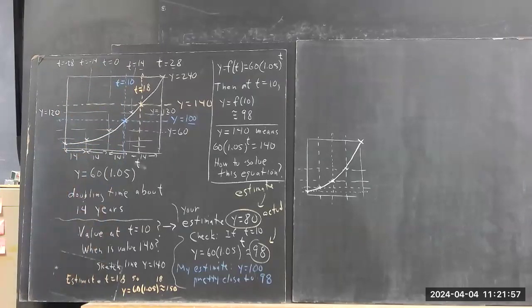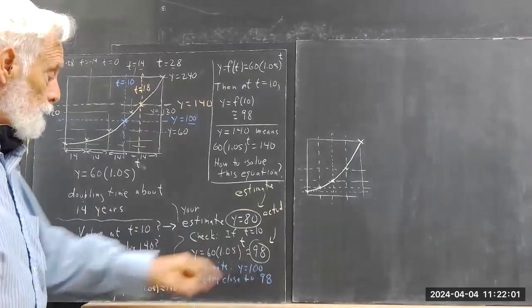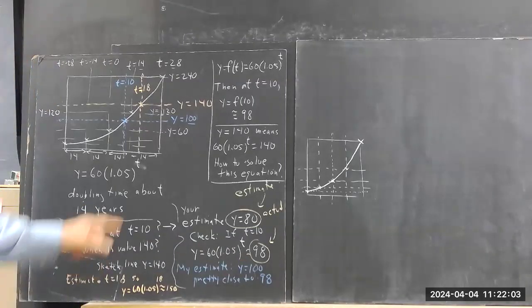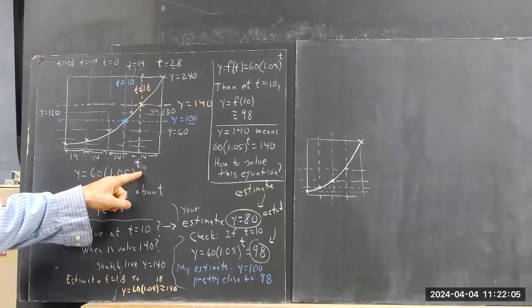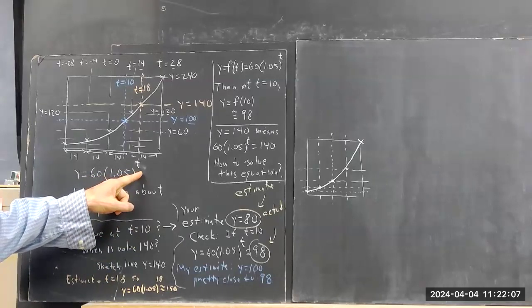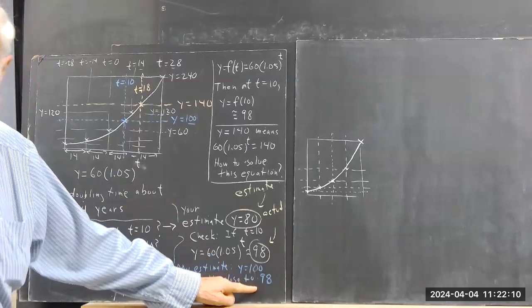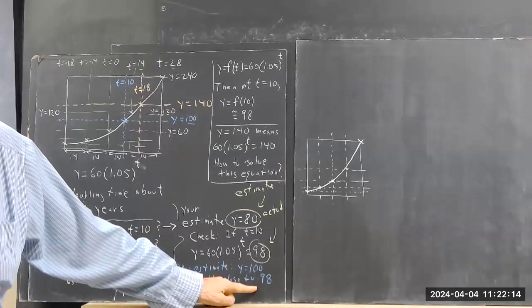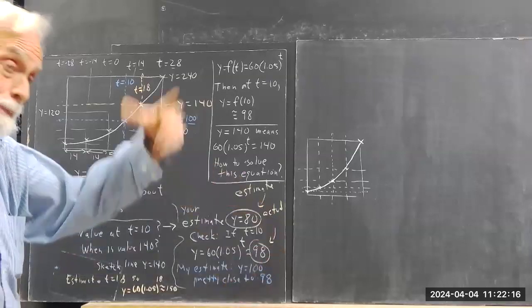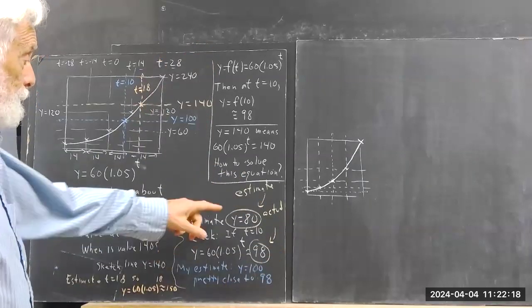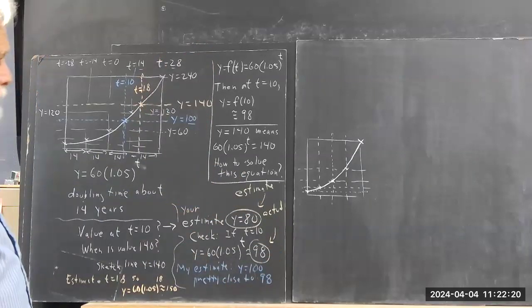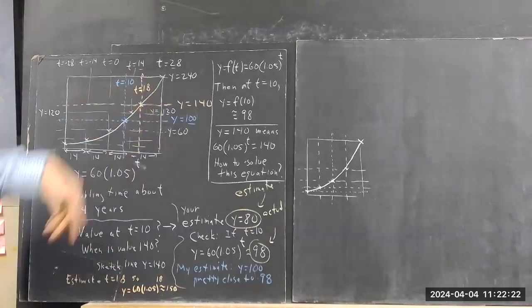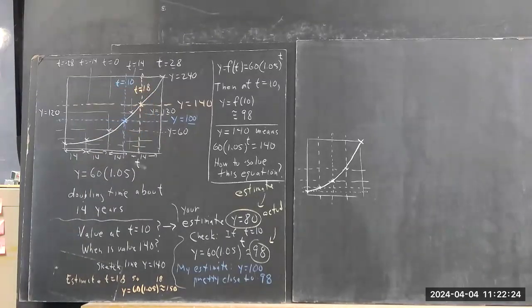Now, can I check that? Well, my estimate was y equals 100. If I plug 10 in for t, we get 98. So that means I lucked out and got pretty close. Now, some of the estimates we got in class, people estimated 80. They put their line a little bit lower than I did.